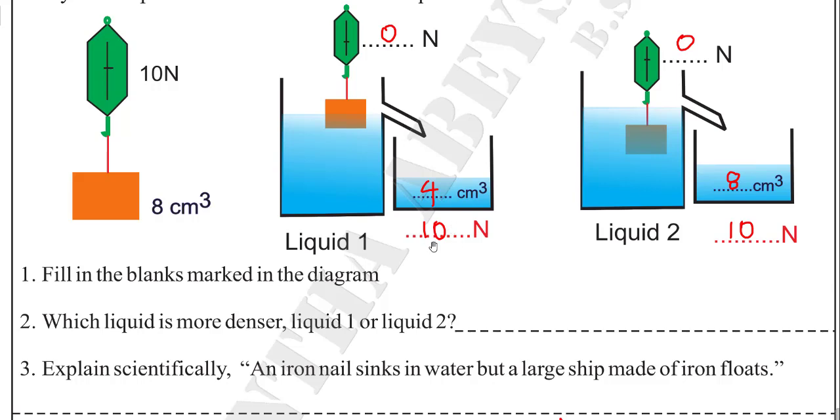Liquid 1. Liquid 1 is much denser because it's a smaller volume but high weight. In the other, it's a large amount, same weight. When the liquid is much denser, a small amount of liquid is enough to apply a greater upthrust. Liquid 1, correct.